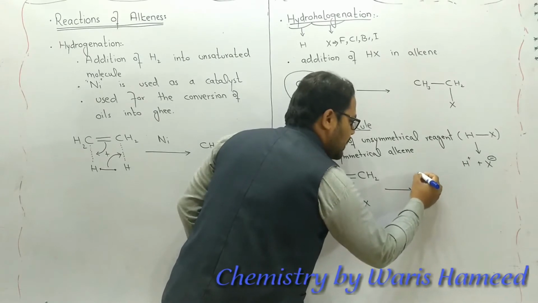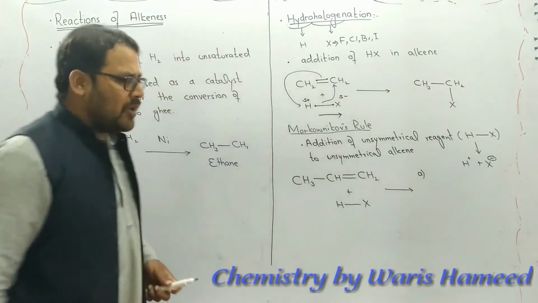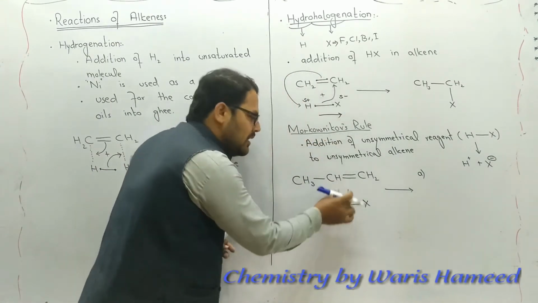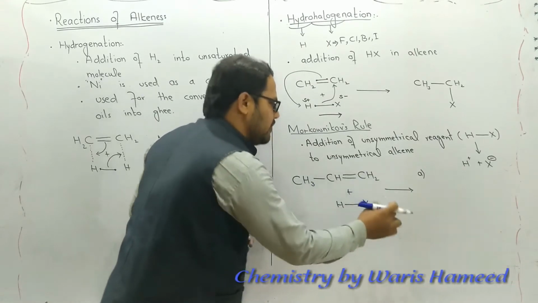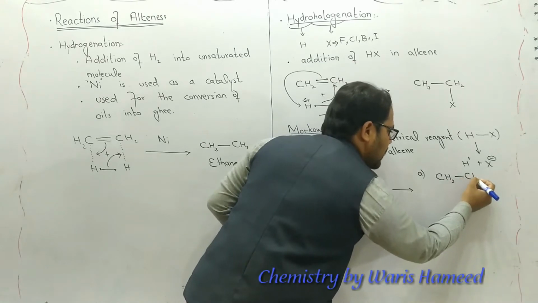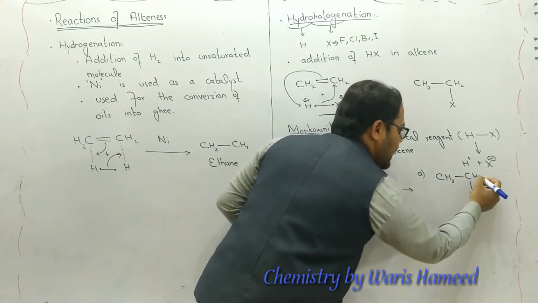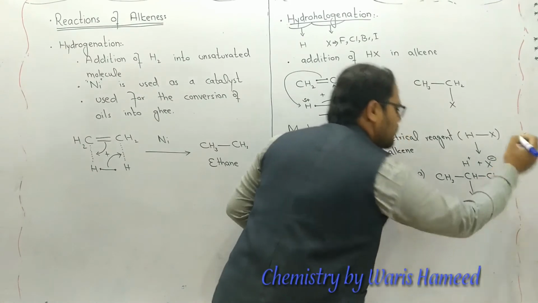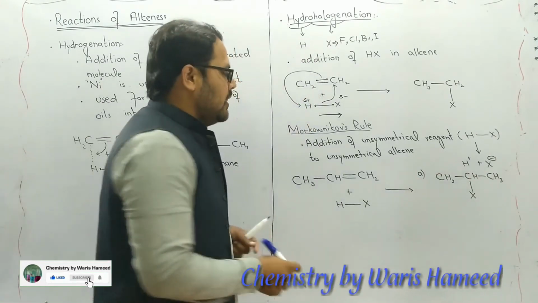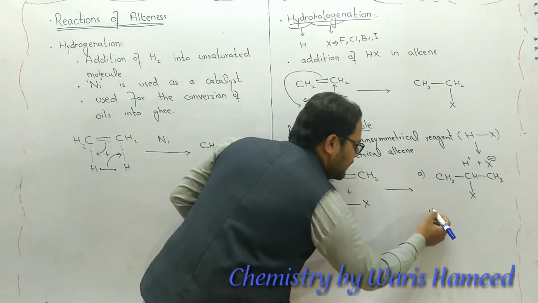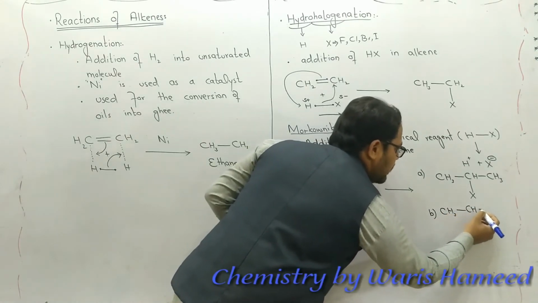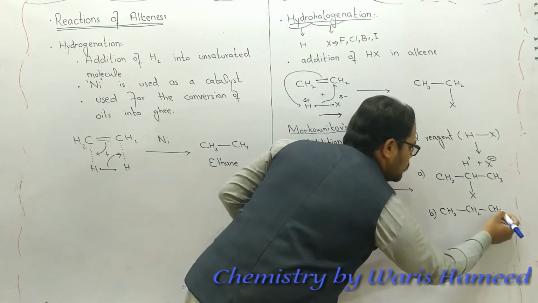First product, I am denoting it as product A. When this halogen group adds on this carbon and hydrogen adds on this carbon atom, it will give us CH3, single bond, carbon hydrogen, here is halogen, and CH3. We can name it 2-halopropane. And the second possible product is CH3, CH2 and CH2X.